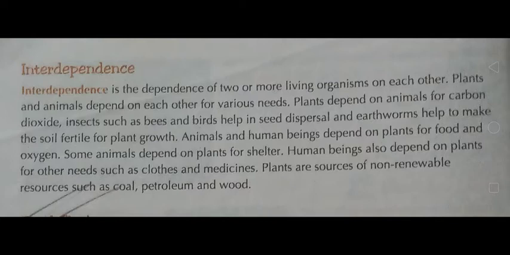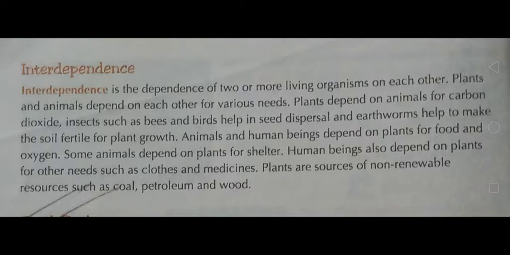Insects such as bees and birds help in seed dispersal, and earthworms help to make the soil fertile for plant growth. Animals and human beings depend on plants for food and oxygen. Some animals depend on plants for shelter. Human beings also depend on plants for other needs such as clothes and medicines. Plants are sources of non-renewable resources such as coal, petroleum, and wood.